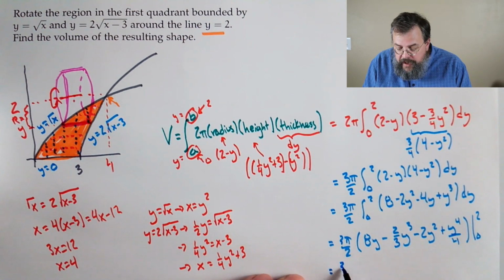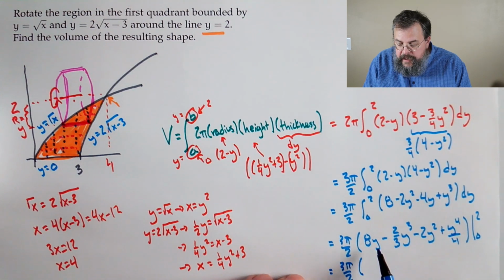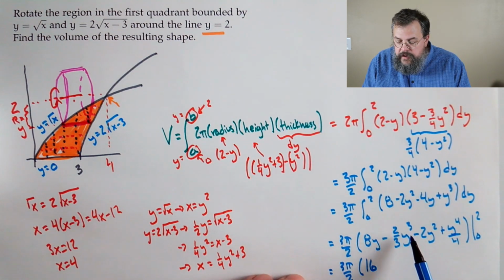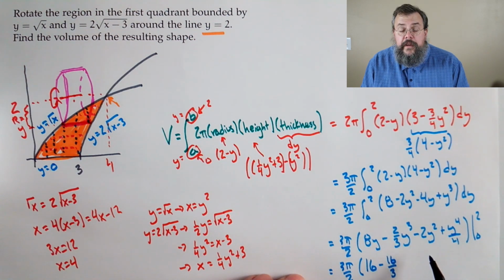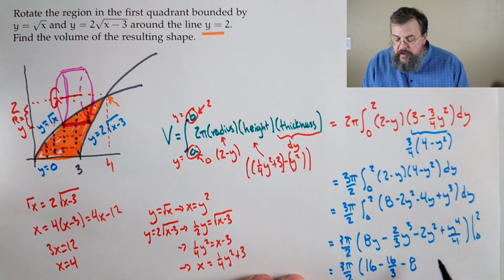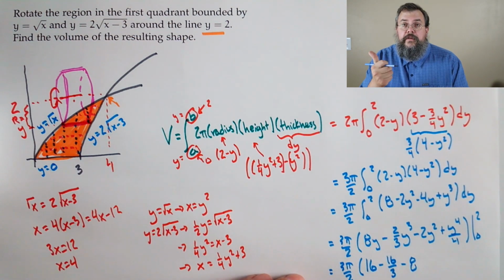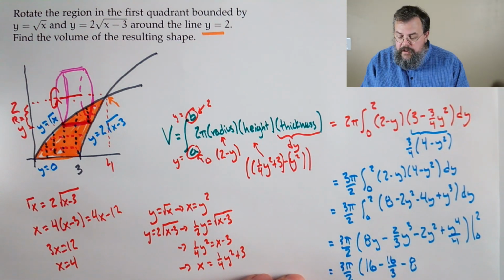We have 3 pi over 2. 8 times 2, 16. 2 times 2 cubed, well, that's 2 times 8, which is, again, 16, so minus 16/3. 2 times 2 squared, well, that's 2 times 4, that's 8, so minus 8. 2 to the 4th, so that's 2, 4, 8, 16. And then we're going to divide by 4, so plus 4.